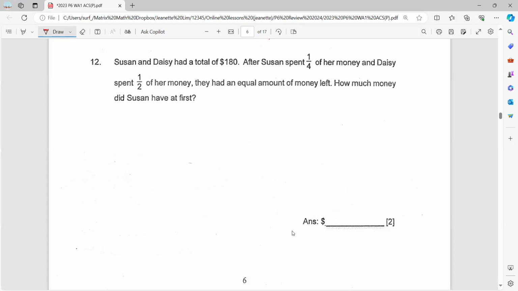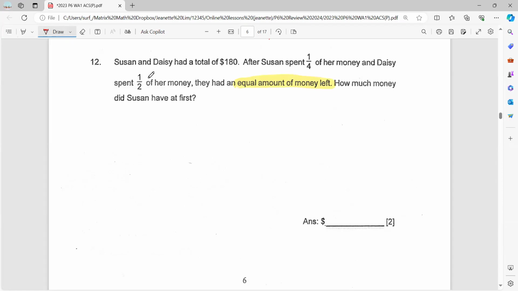So I'm going to show you equivalent proportion. For equivalent proportion to work, you need to have a fraction of something equal to a fraction of the other thing. In this question, the amount of money left is equal. So what we are interested in is not this 1/4, because that's the amount spent, and not this half.